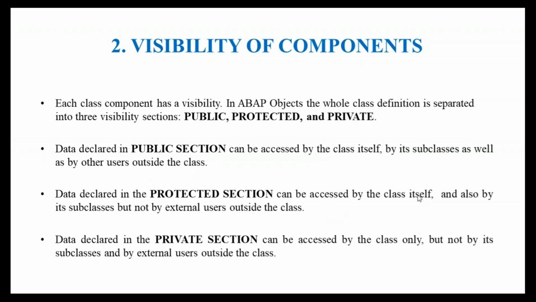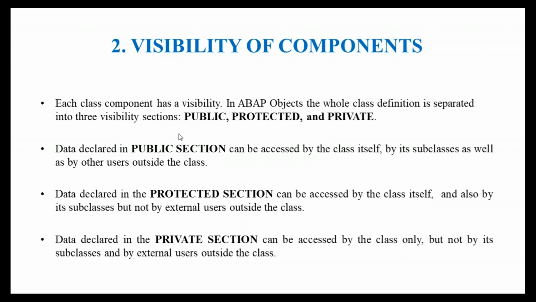The protected section can be used by the class and its subclasses. In the private section, only the class itself can use it, not even the subclasses can make use of what we have declared in the private section.